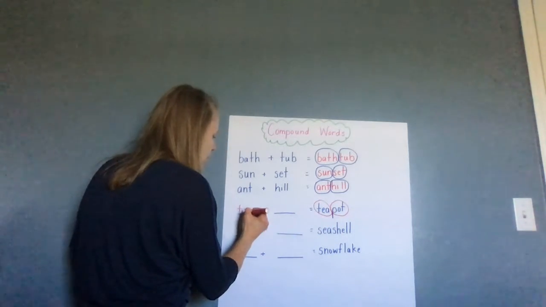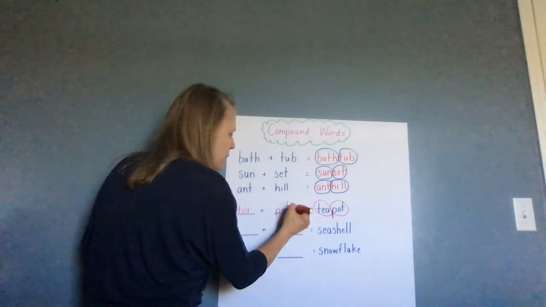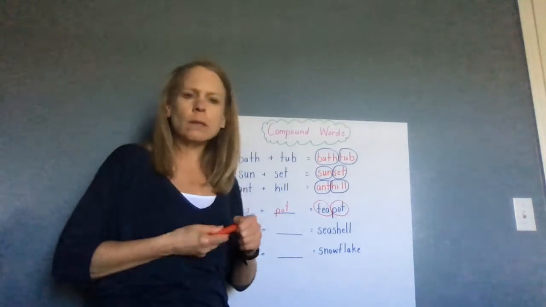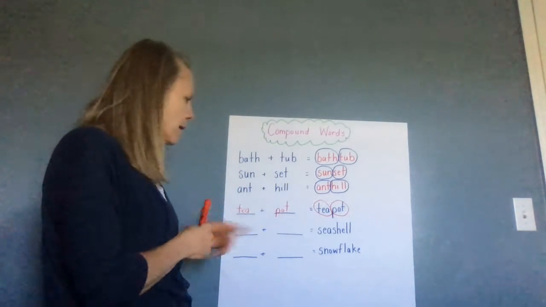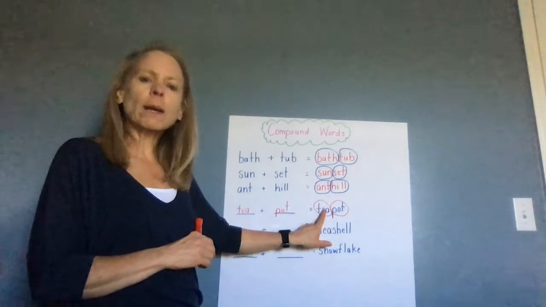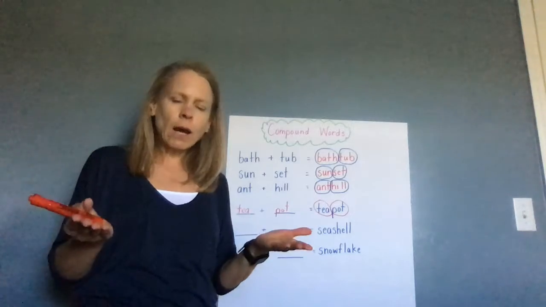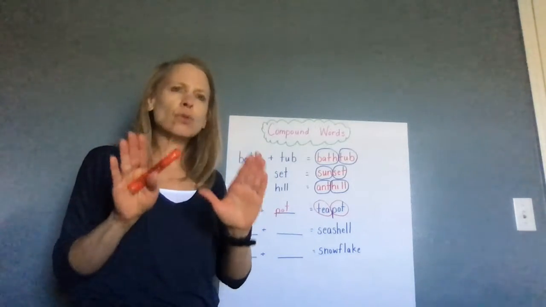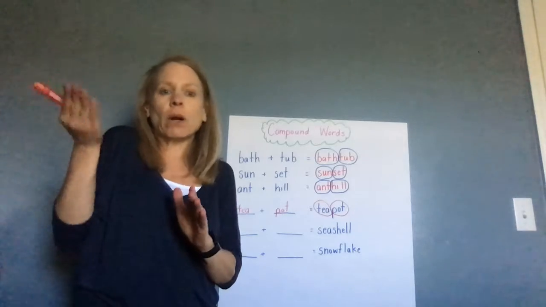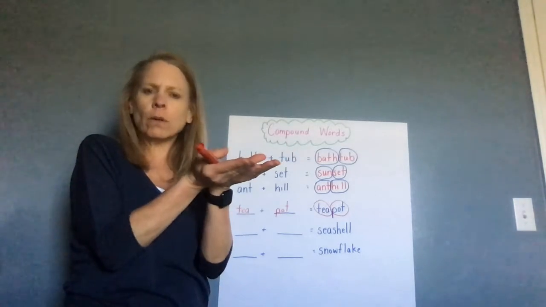When I put the words tea and pot together, it becomes the word teapot. I'm not going to leave a space between the two words. It's the word teapot. Now, what is a teapot? It is a pot where I put tea. Okay, so again, when I have a compound word, I'm taking two shorter words, putting them together, and it changes. It takes part of the first word and part of the second word and tells me what that word means.